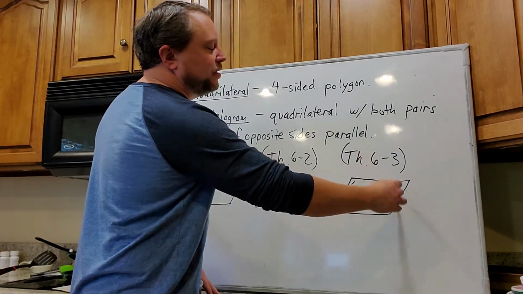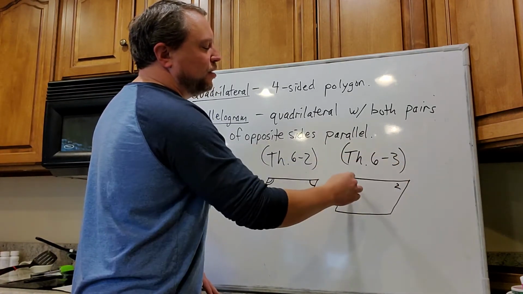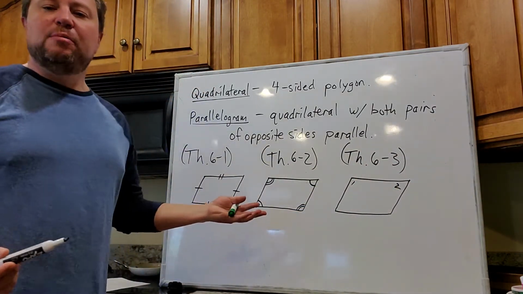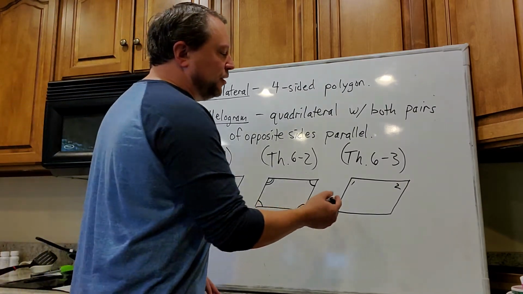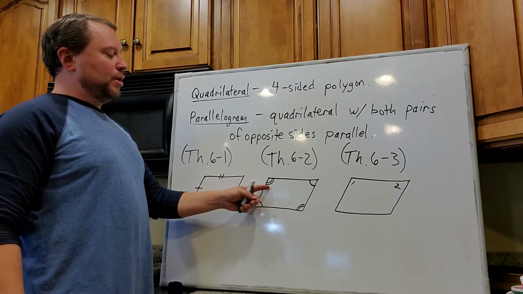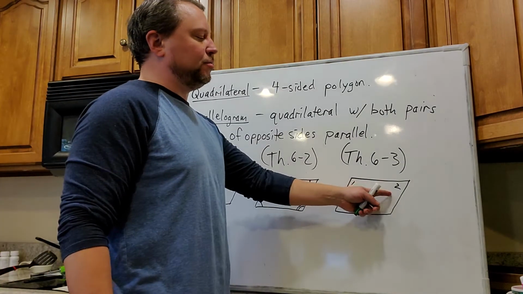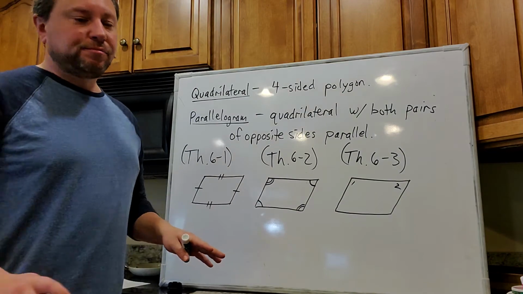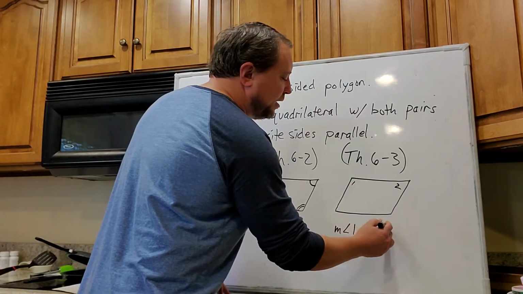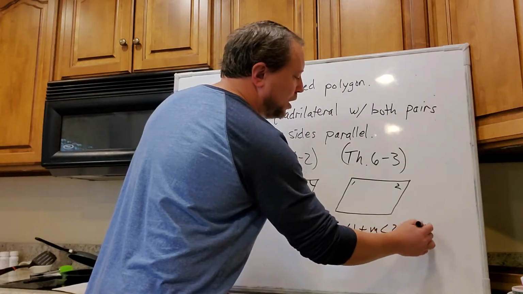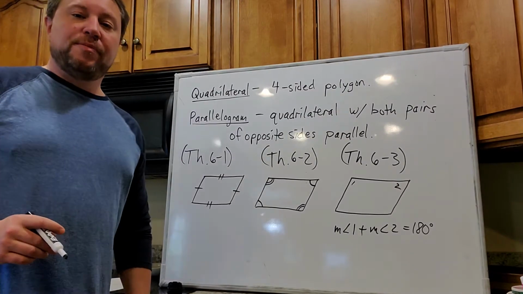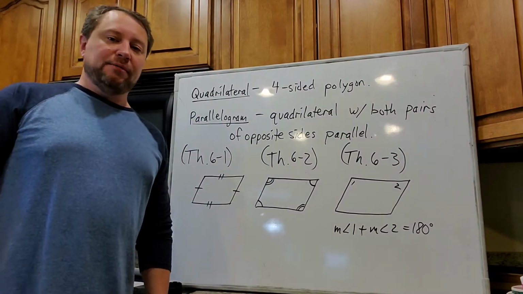They're called consecutive because as you go around the figure, those two are two in a row, almost like they're neighbors. But those two consecutive angles, as we mentioned earlier, one appears obtuse, one appears acute. So they're not congruent. Instead, it turns out that they will add up to 180 degrees.